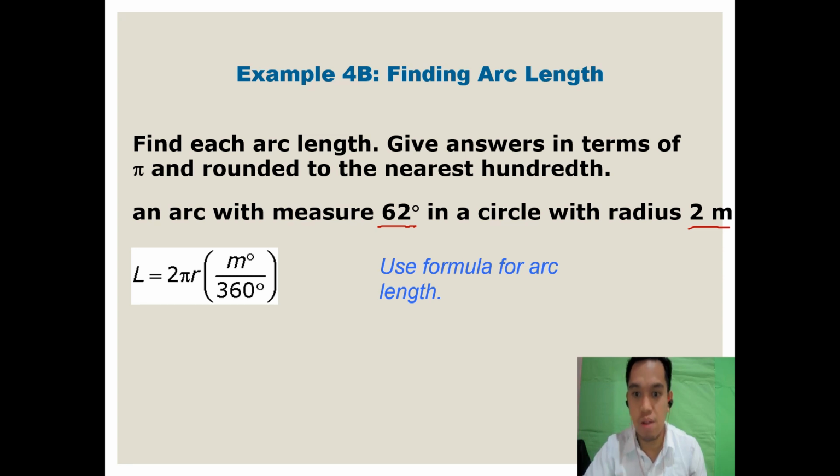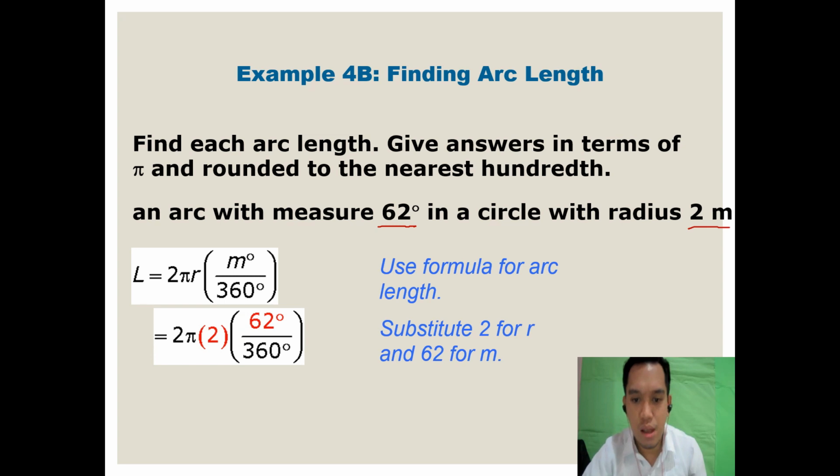So, substitute the value of r, which is 2, and substitute the value of m, which is 62. Okay? So, 2 pi times 2 times quantity of 62 degrees over 360 degrees. So, simplify that one, and that will become 0.69 pi m.